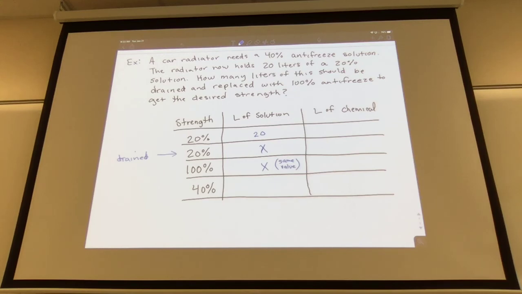How much can our radiator hold? We know the percentage we're wanting to get. How much does it hold? It tells us it holds 20. It's holding 20% of a 20. We want to change the solution of it, but the fact that it holds 20, it still holds 20. So we want to know how much of the 40%, but we know it can hold 20.